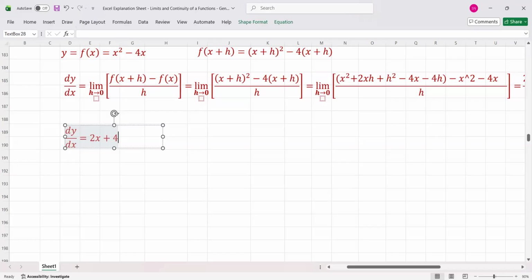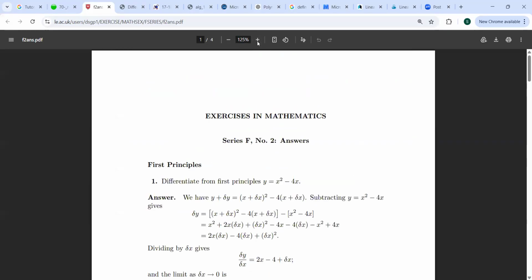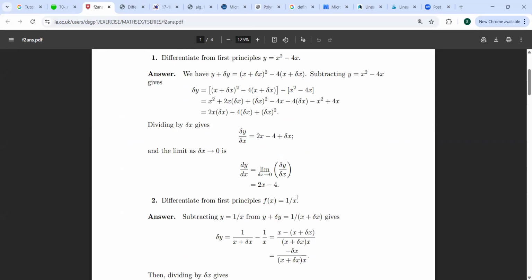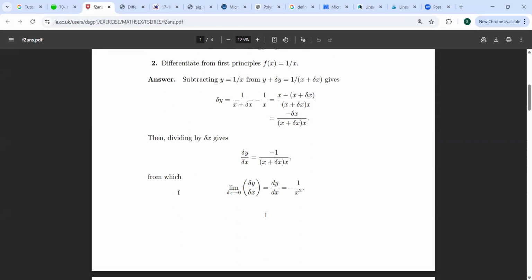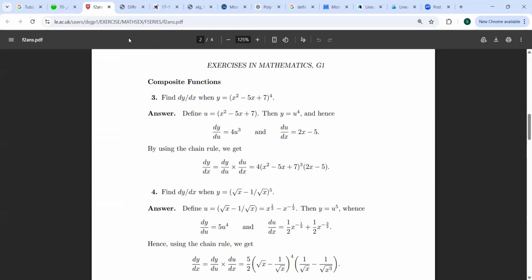I have a few questions which I'm going to drop in the chat room. This is the example we just did. I'm going to drop these tutorials on the LMS for you to try your hands on.